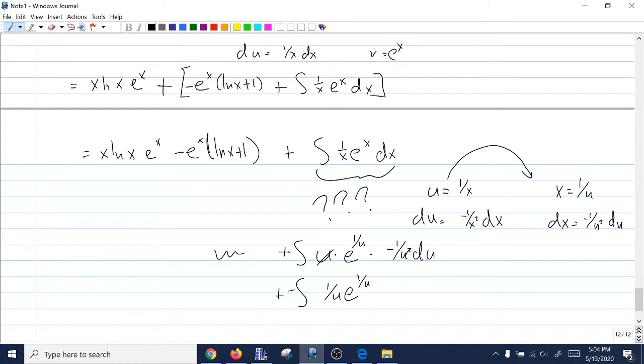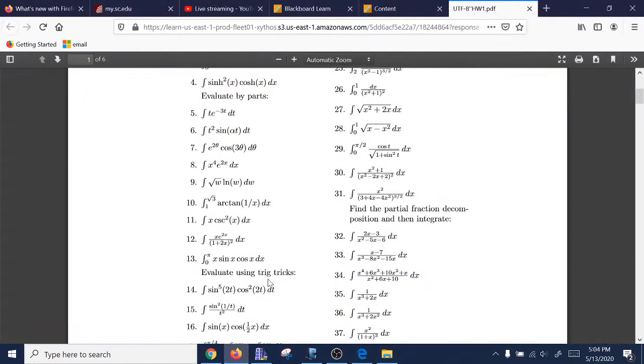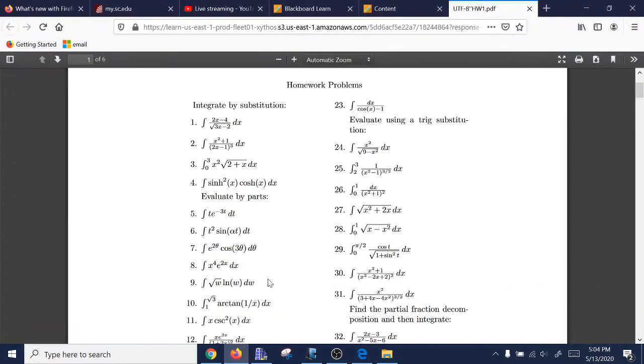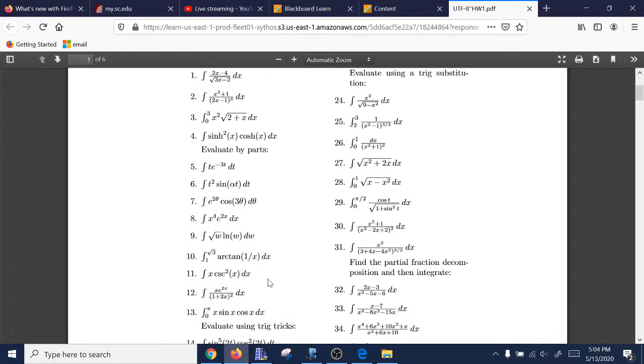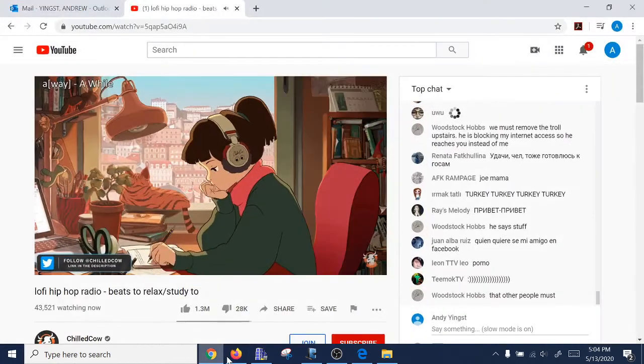So that'll be it for parts for now. Let's start talking about our next topic. Wait, what's our next topic? Trig tricks, then trig substitution. Oh, I think these notes might be out of order.